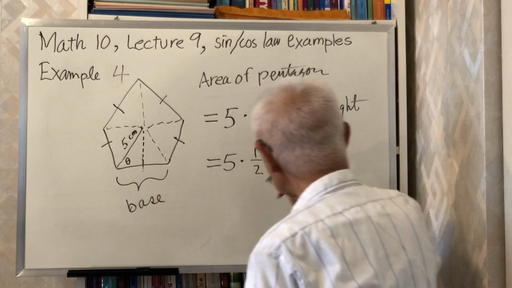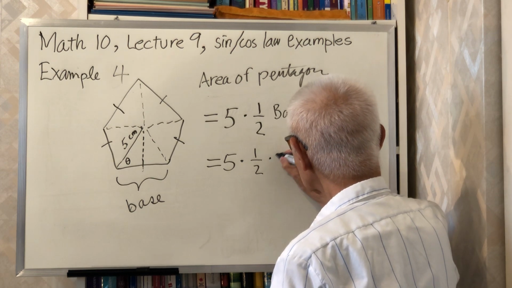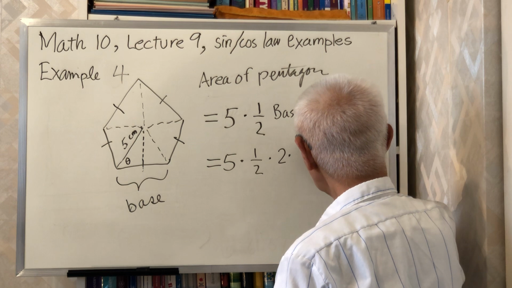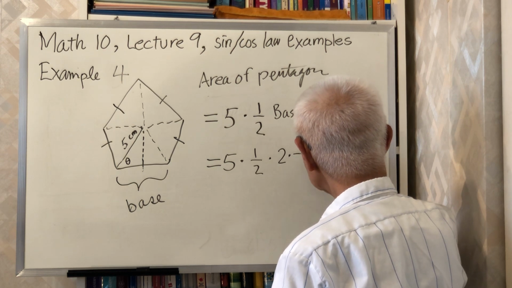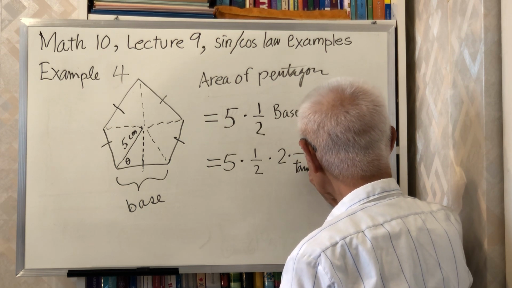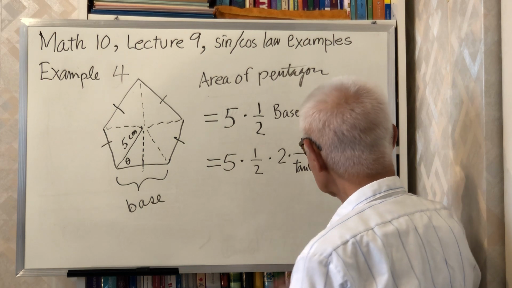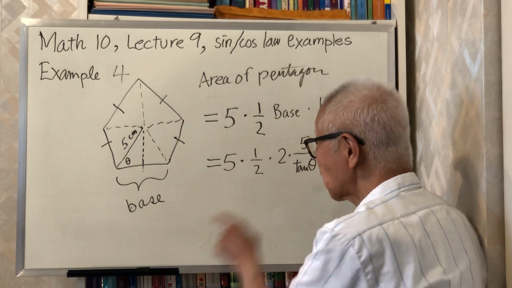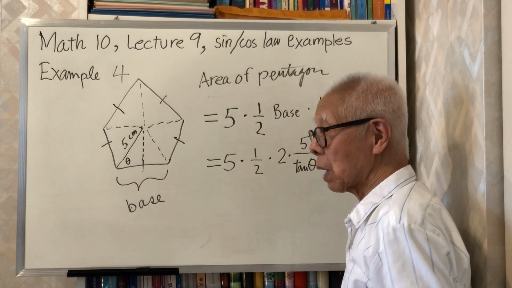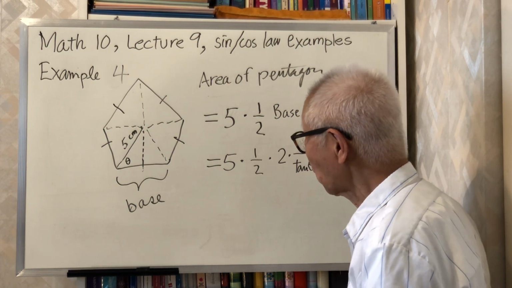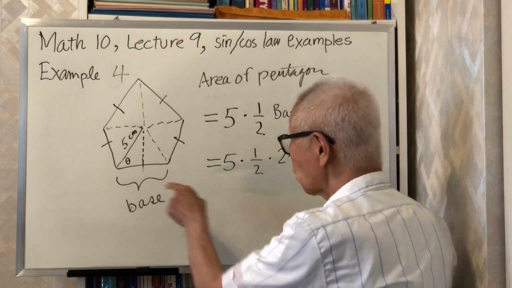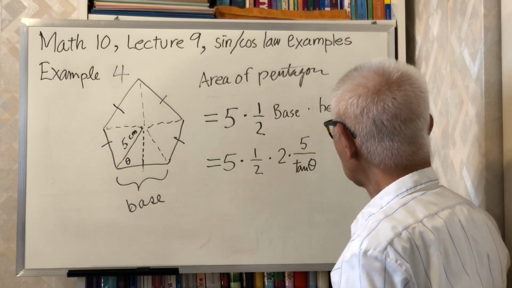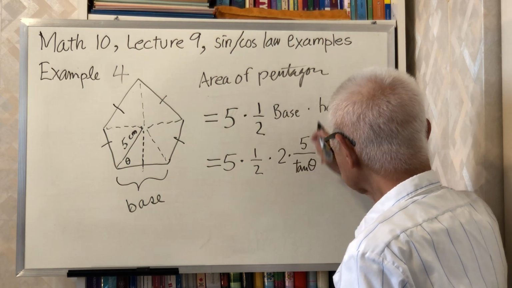So the base is 2 times 5 divided by tangent theta. The reason is the same as example 1, example 2, and so on. So 5 there. So I need to find theta. Okay, this is the base part.